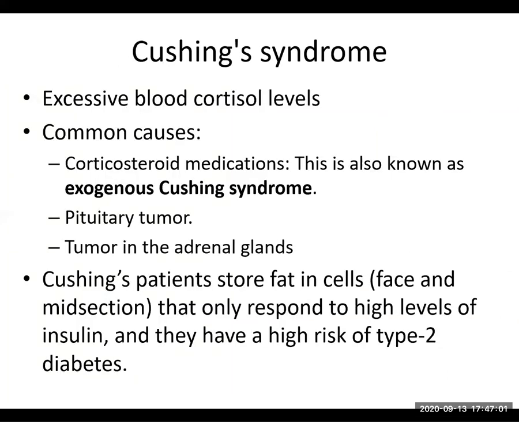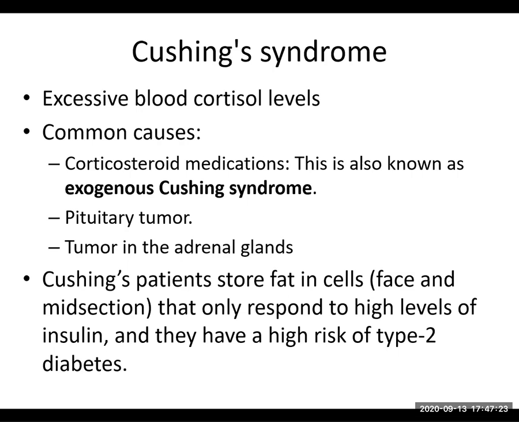So that's the hypo, the adrenal insufficiency. How about the hyper, too much? The major hyper disease that you probably will see is Cushing's disease. Cushing is too much cortisol, too much of the glucocorticoids.